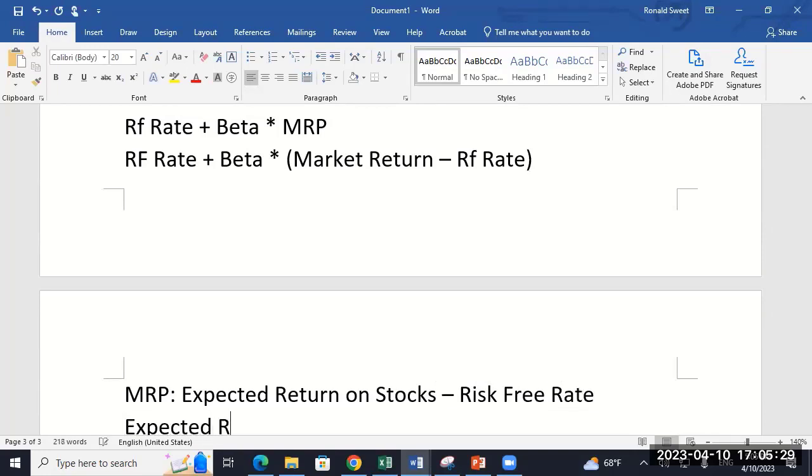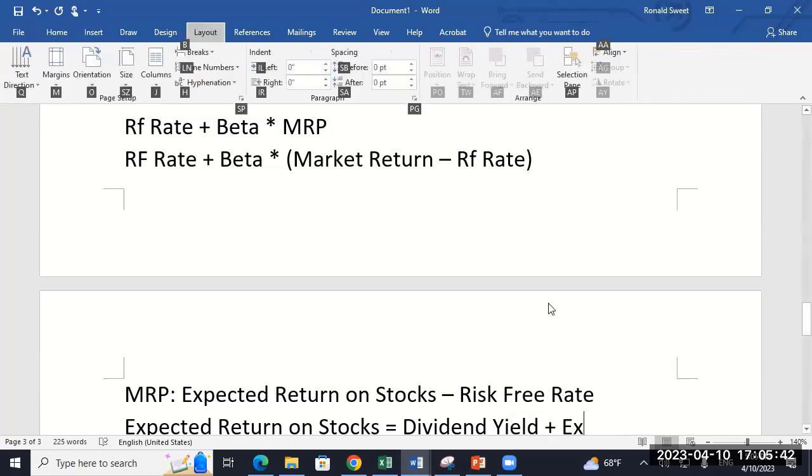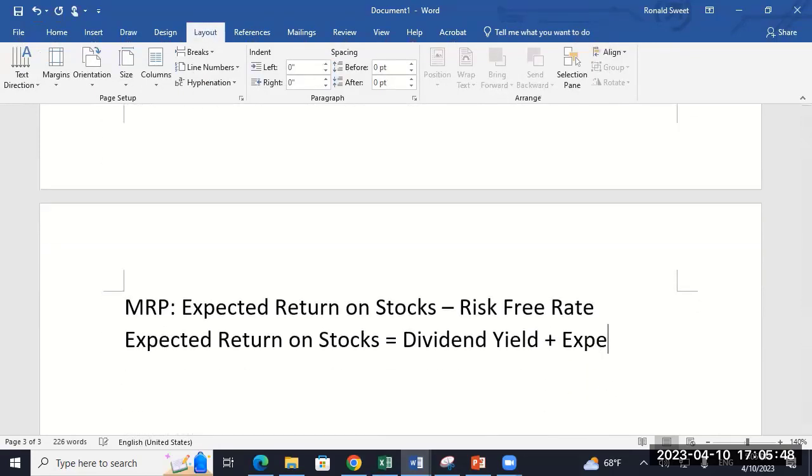Expected return on stocks will equal the dividend yield plus expected earnings growth.